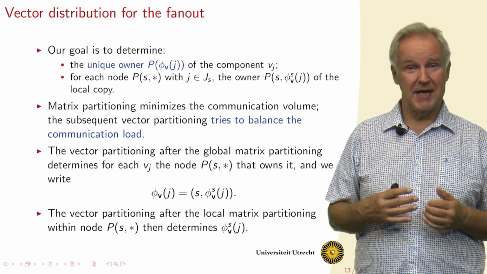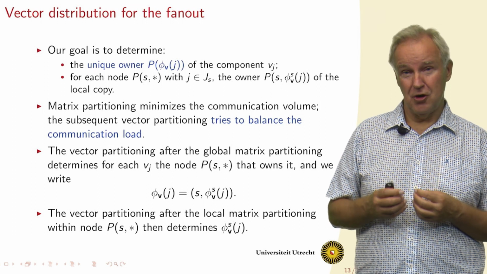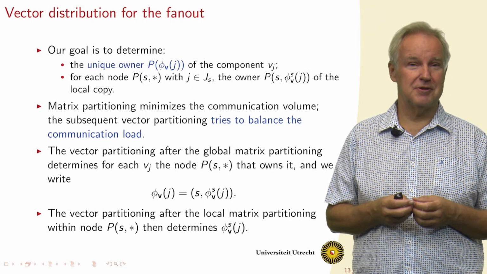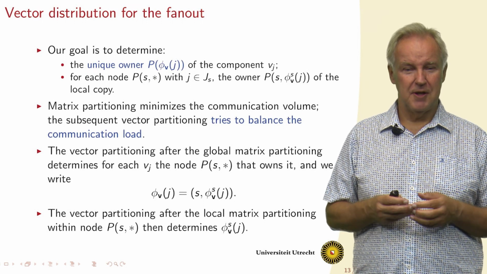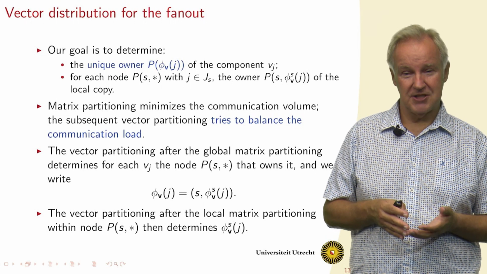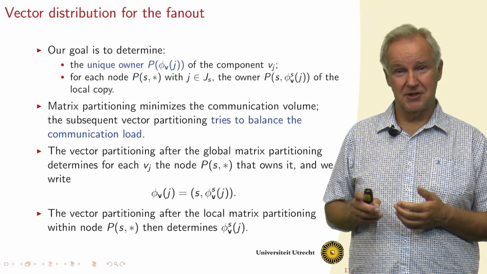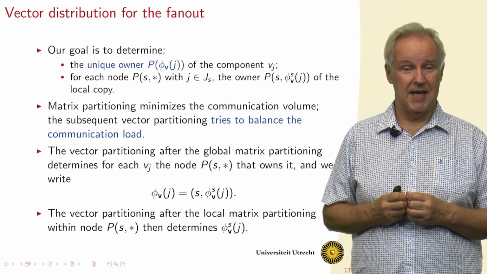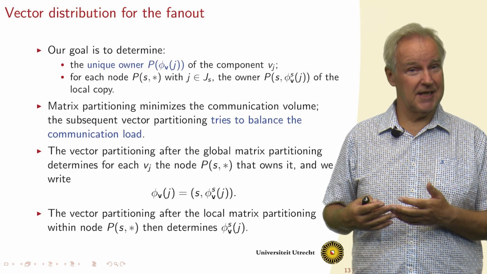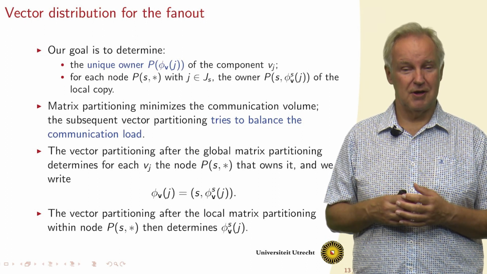After the global matrix partitioning, we can already determine the node s that has a certain vector component v_j. So we denote that by 2 parameters, the s, and then the unknown phi_v of s for this component j. And then we have the local matrix partitioning, and after that we determine the local owner of the copy.